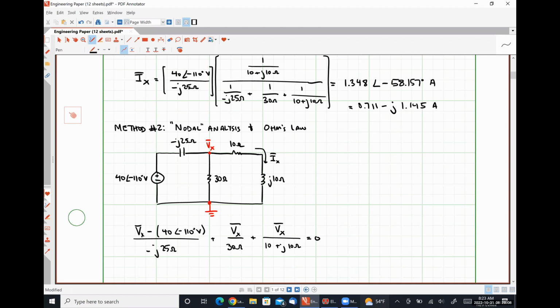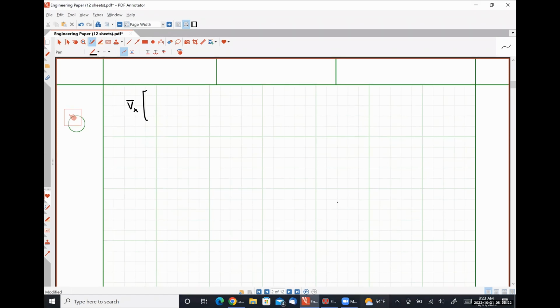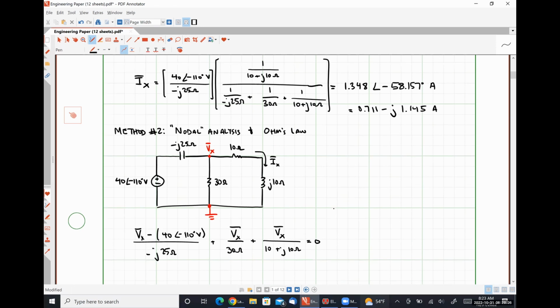So let me scroll to the next page here. So I'm going to have Vx multiplied by, and I'm going to have to go back and forth here because I can't remember everything. So I'm going to have a factor of negative 1 over negative 25 ohms.